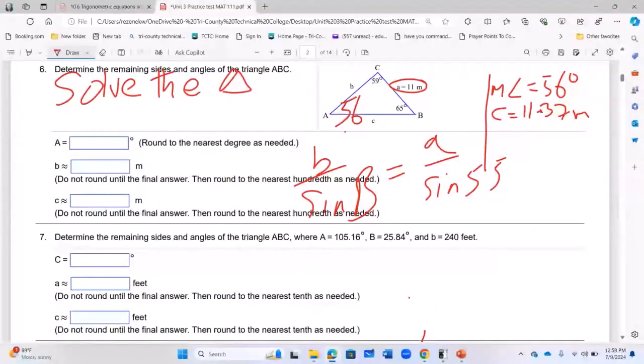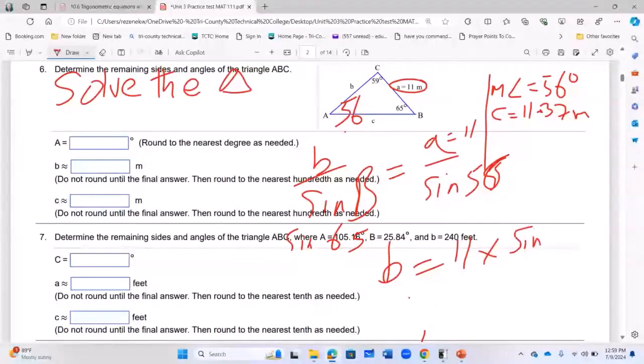Okay, and I want to put in what the B is. B over sine B, let's get sine B. So this is 60 degrees, sine 65 degrees.